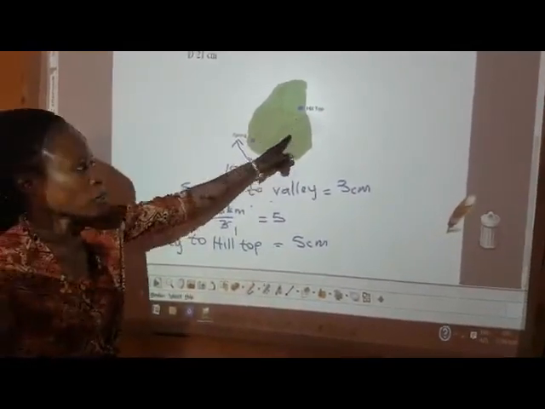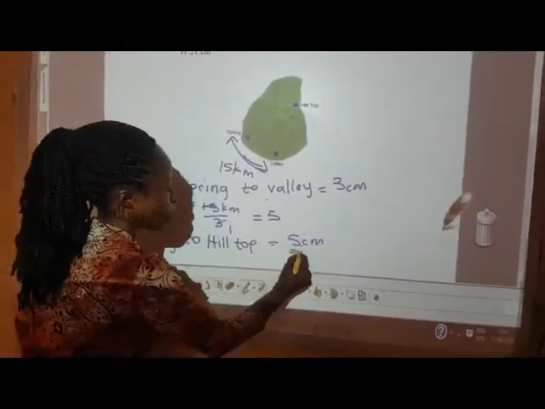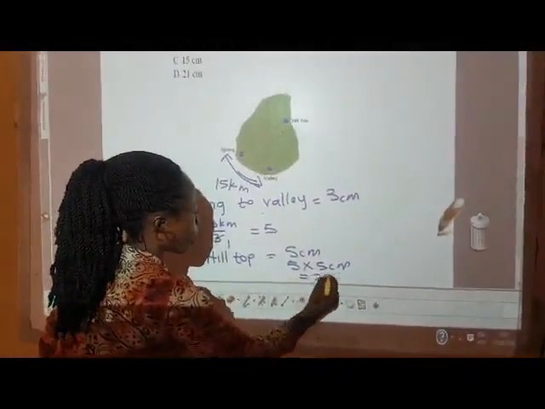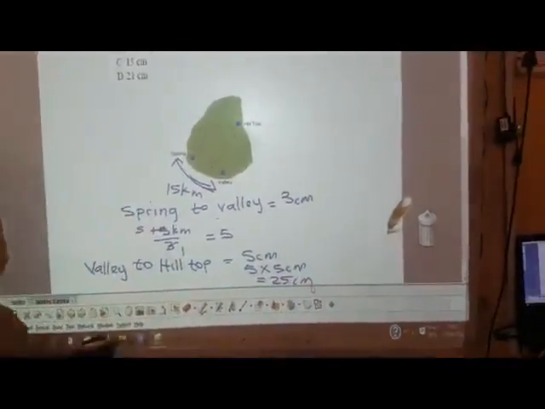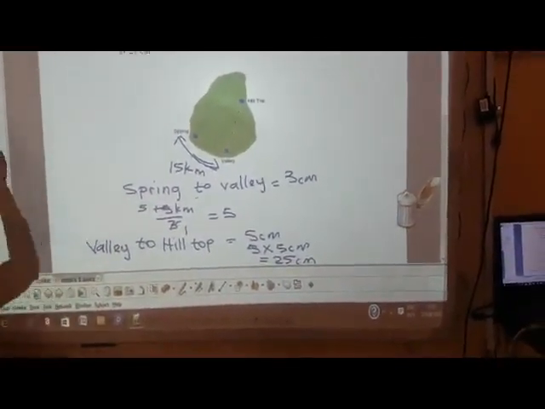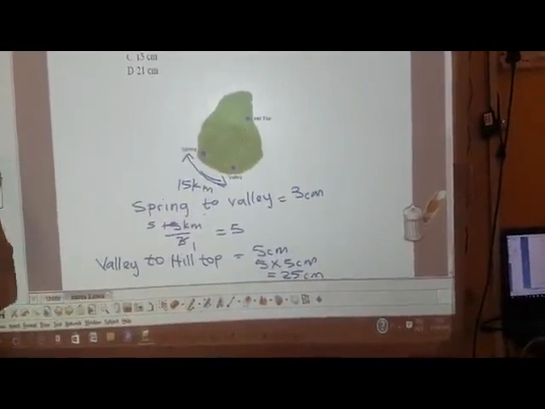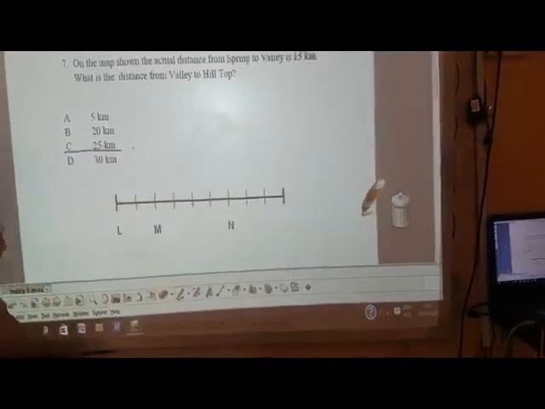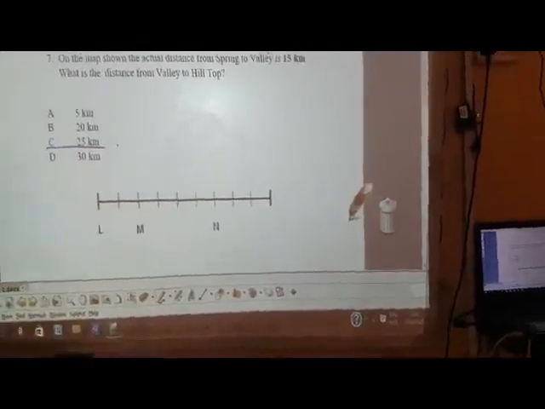Remember, each mark stands for 5. So it's 5 times 5, and the answer is 25. That is the distance from valley to hilltop. The answer is 25 kilometers.